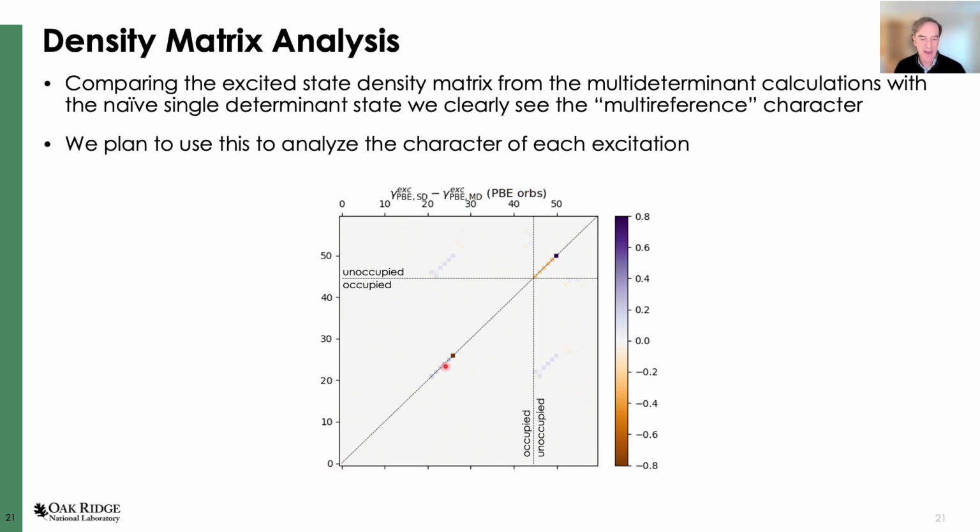And if we look at the diagonal components of this, just here when we look at the unoccupied states in this case, we see there isn't just a single change. There's a large number of states contributing, at least in this PBE basis. And so we plan to continue this to analyze the character of each excitation.